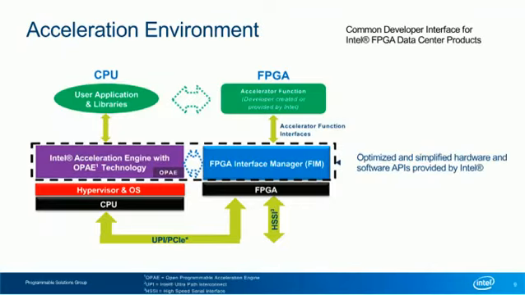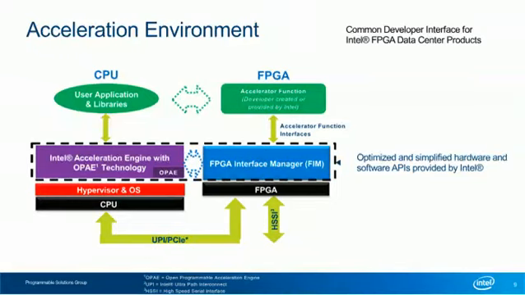At the heart of the acceleration stack is the acceleration environment for Intel Xeon CPU and FPGAs. Here we see the CPU on the left and FPGA on the right. The goal is to allow user application running on the CPU to take advantage of the accelerator function on the FPGA, which can be created by the developer or provided by Intel or third-party vendors.